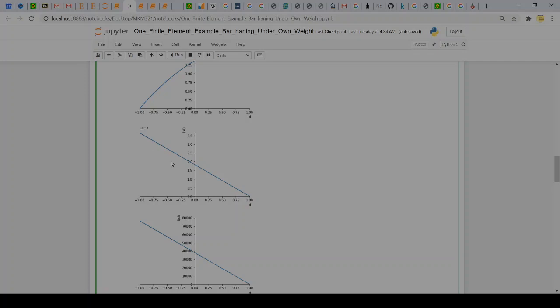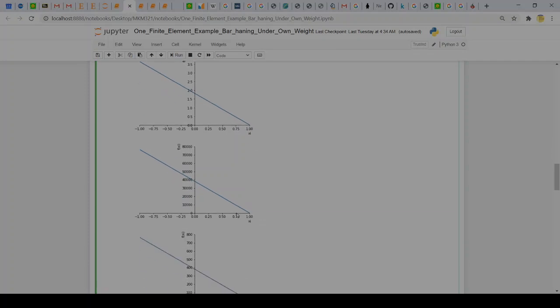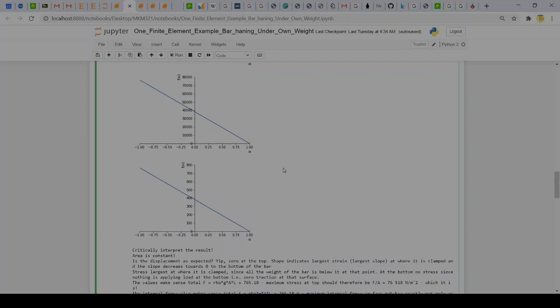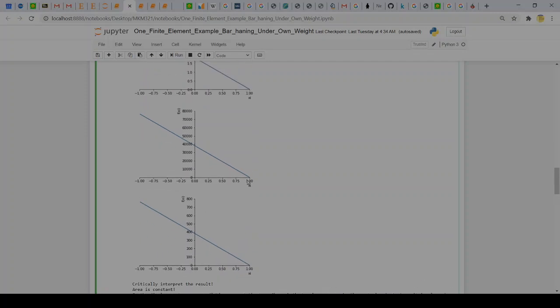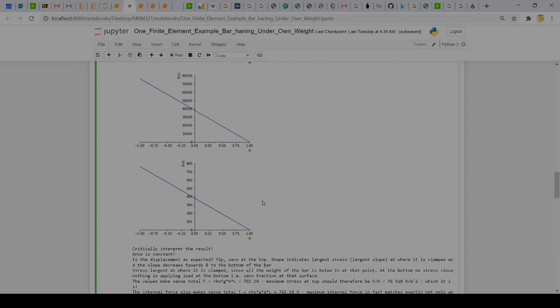So we see zeros down there because we also expect zero stresses at the bottom. If this wasn't the case, then we might end up computing a non-zero traction at the bottom, which is not great, because that means we're not satisfying our applied tractions. And then this is just the internal force.